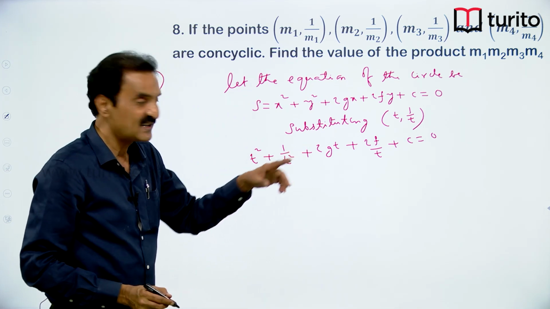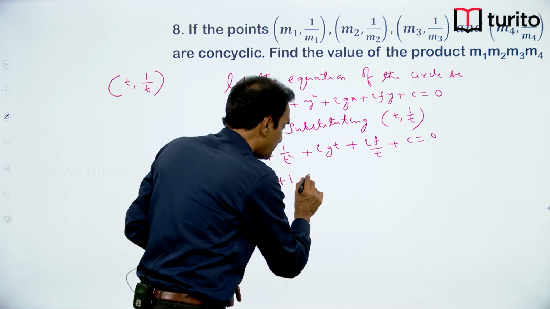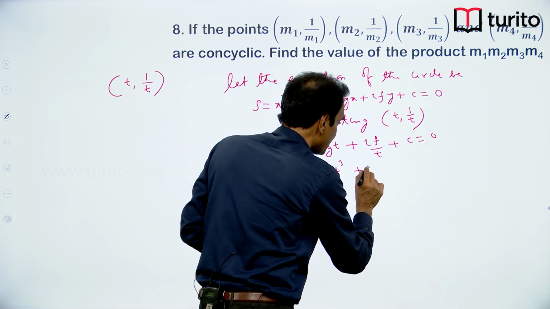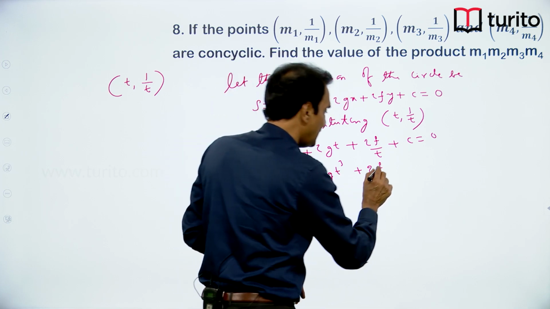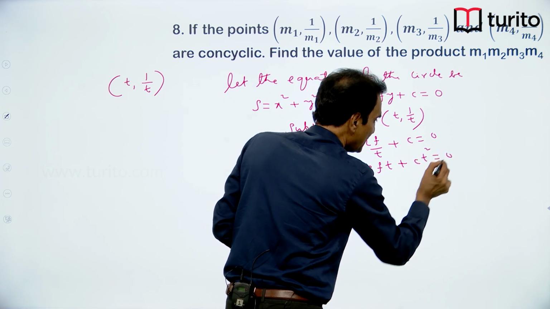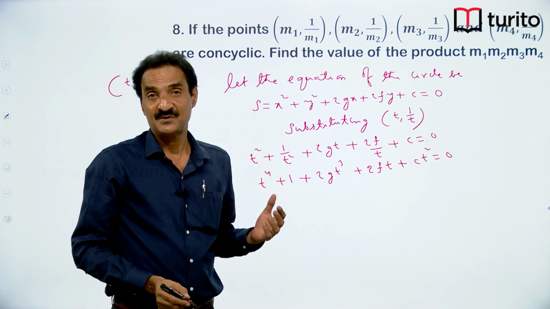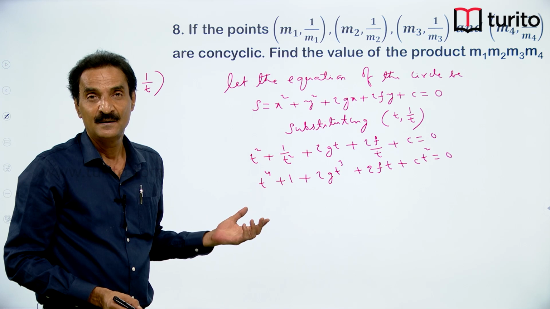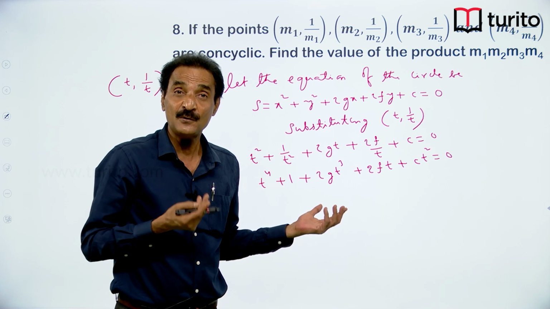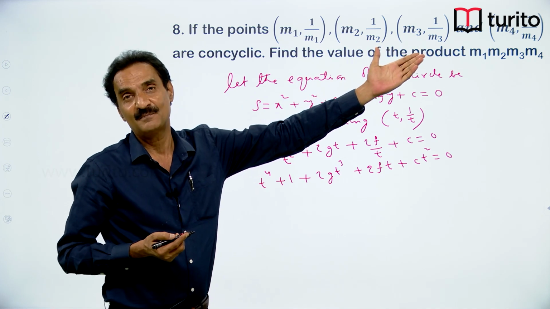You can multiply both sides by t square, then you will get t power 4 plus 1 plus 2gt cube plus 2ft plus ct square is equal to 0. This is a biquadratic equation, fourth degree polynomial equation. A fourth degree polynomial equation will have 4 roots. Here what are the 4 roots of this equation? Clearly m1, m2, m3, m4.